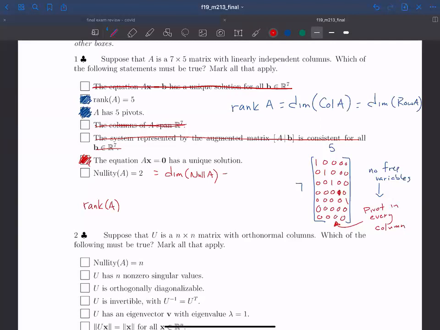And that's the same thing as the number of free variables. So the nullity is equal to the number of free variables, or the dimension of the null space. In this case, we have 0 free variables, so the nullity is 0. It's not 2.